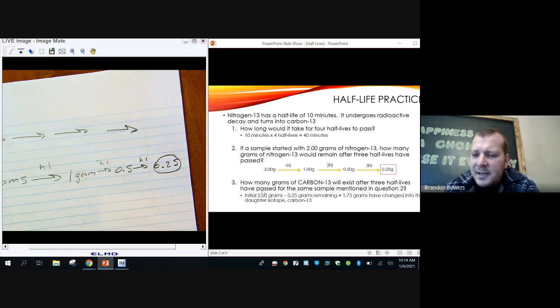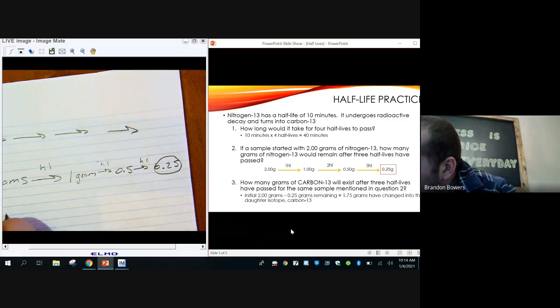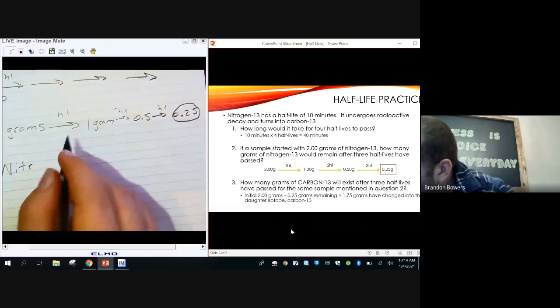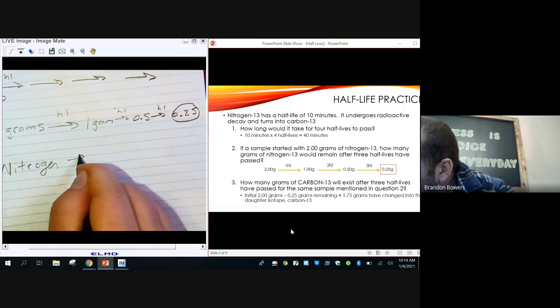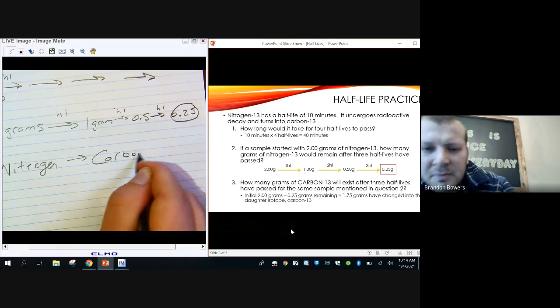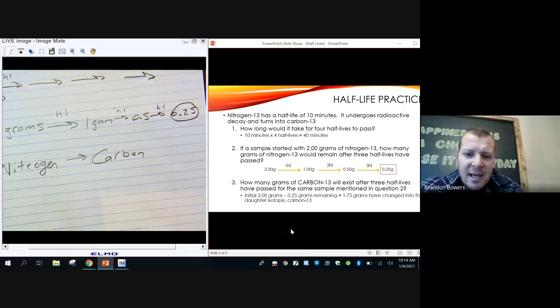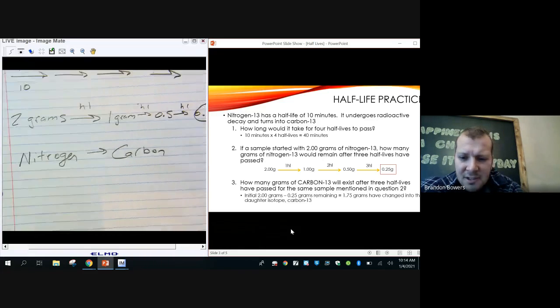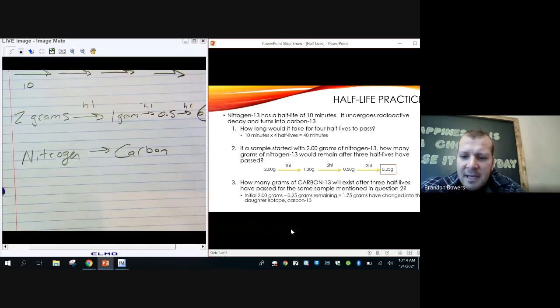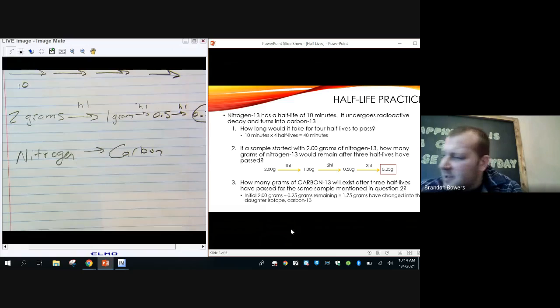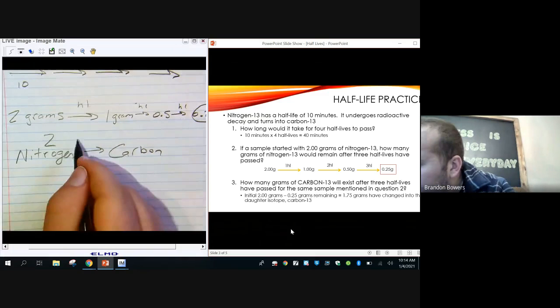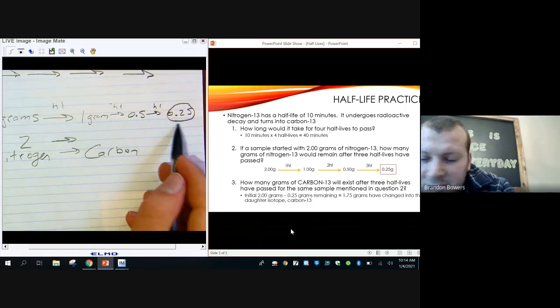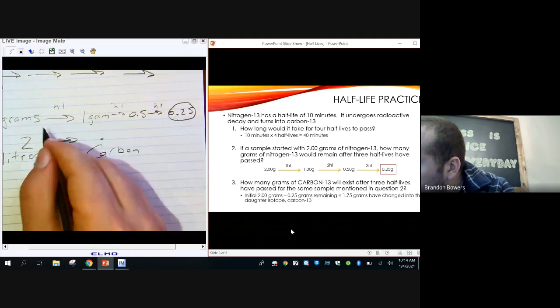Okay, so this is how you solve it. I started off with nitrogen, hopefully you can see my paper, and I turned it into carbon. That's what my problem said: nitrogen has a half-life of 10, and it turns into carbon. So nitrogen goes to carbon. Initially I had 2 grams of nitrogen, and I finished with 0.25 of nitrogen.